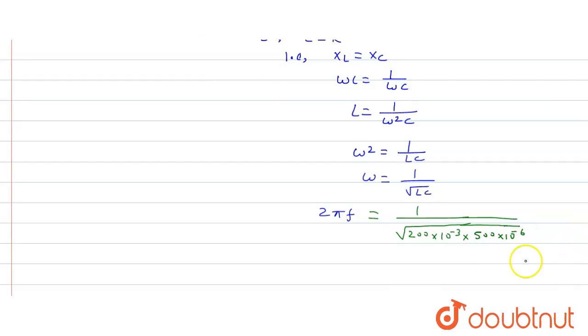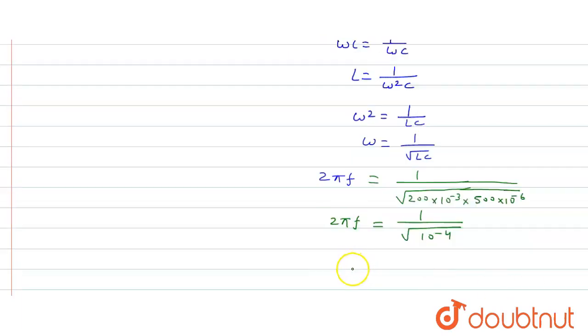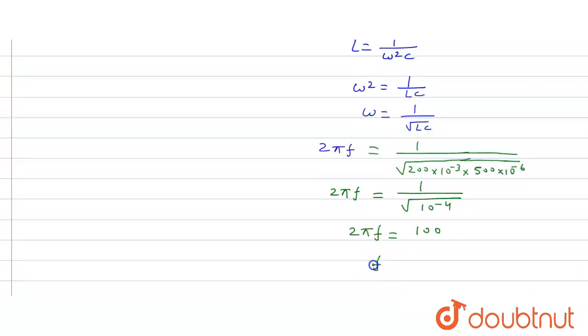So from here, 2 pi F is equal to 1 upon under root of, this will be 10 to the power minus 4. So 2 pi F is equal to 100.